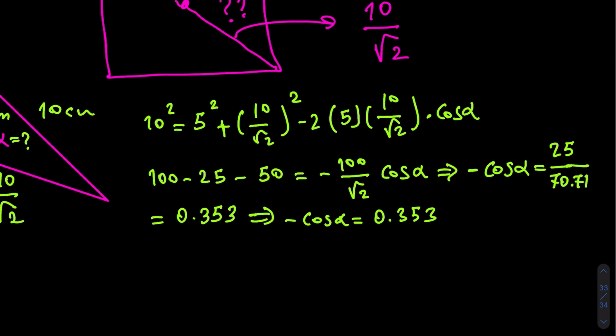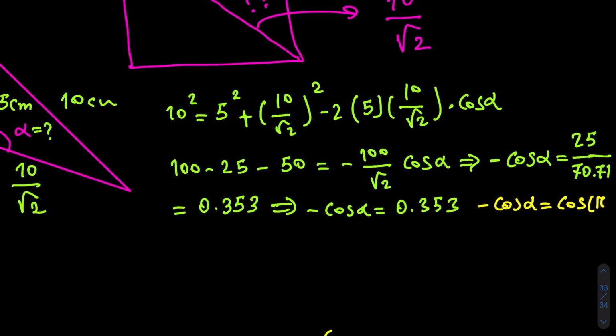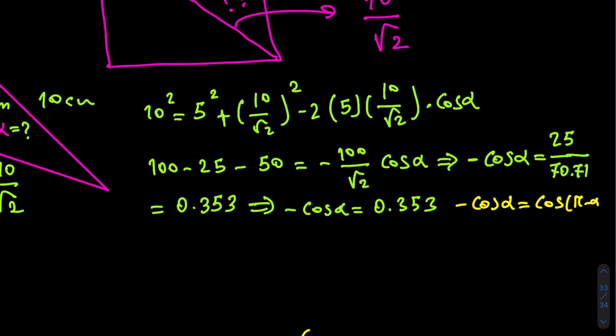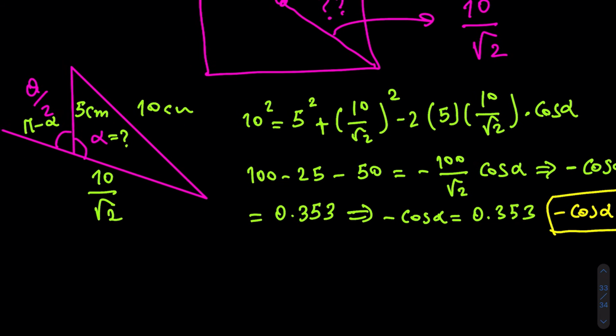But there is a trigonometry equation, and that says that negative cosine alpha is equal to cosine of pi minus alpha. So this is exactly what we wanted to get, and that means we are calculating this alpha.